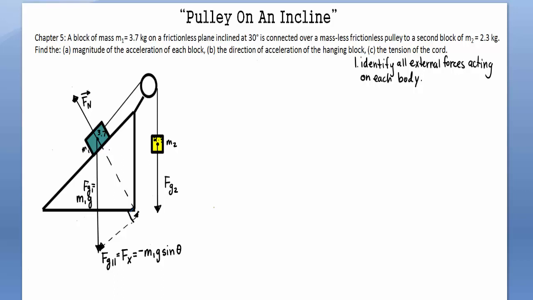Let's do the y component. I like to write out Fg perpendicular equals Fy equals negative mg cosine of theta.